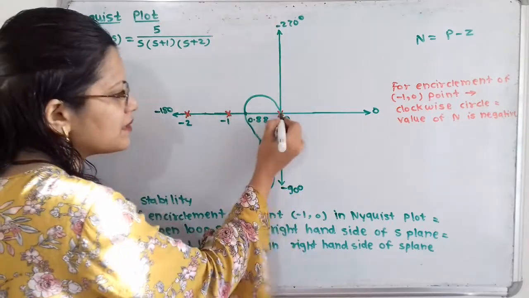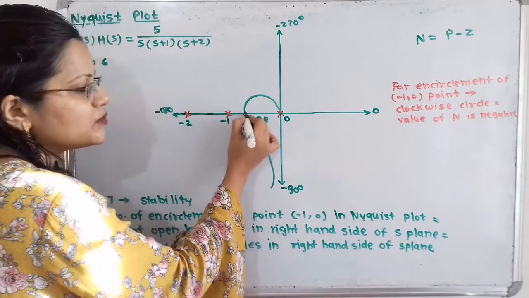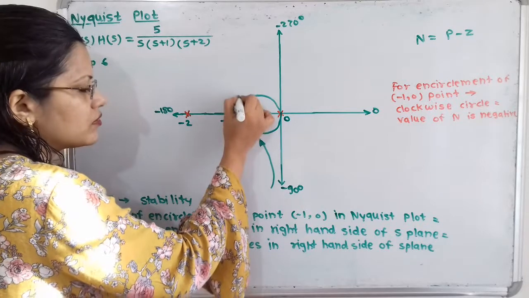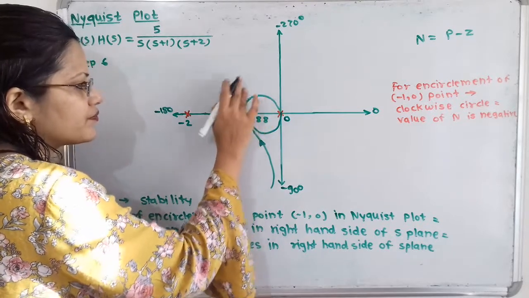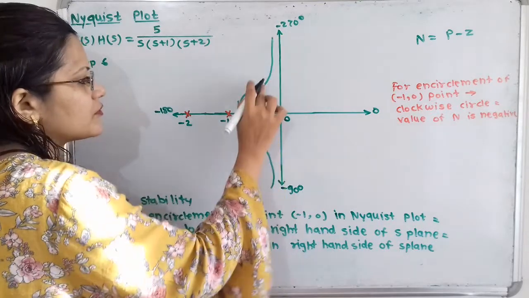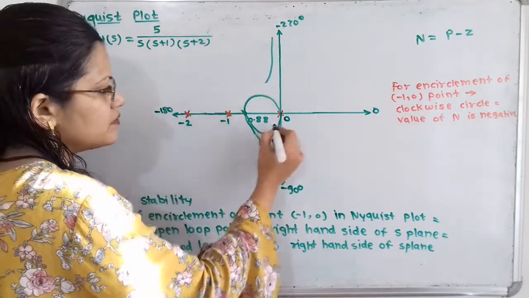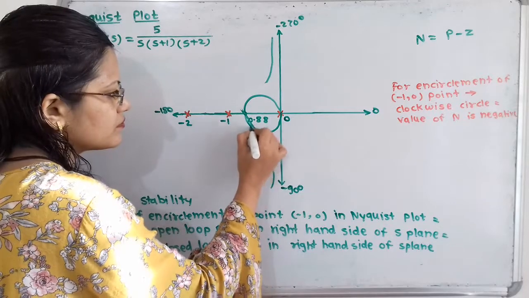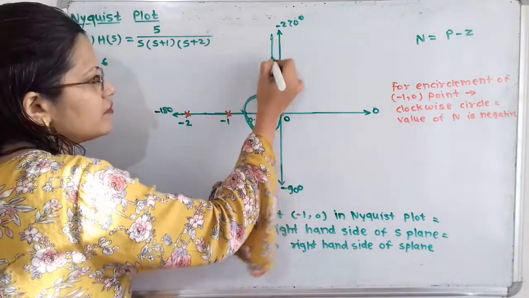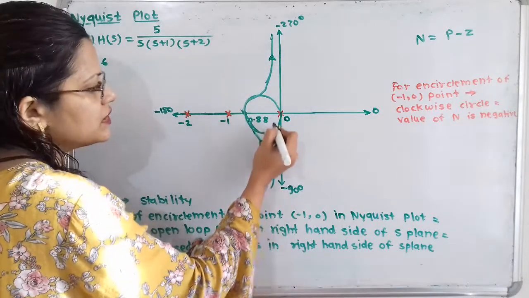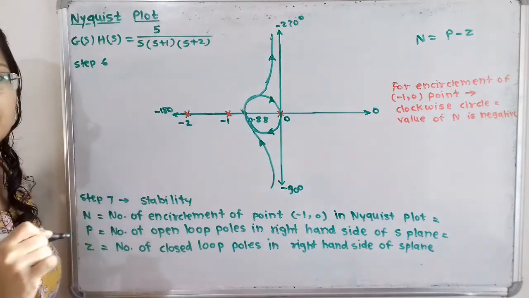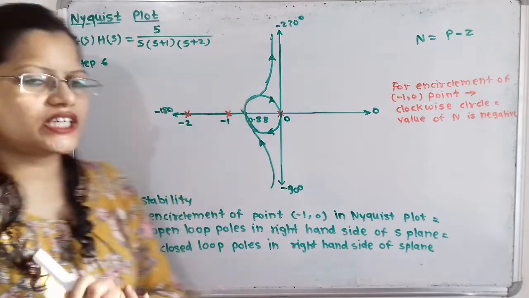So this is the mirror image. We have to show the point of intersection for this plot also. We will show an arrow towards infinity. So this is for section C3.